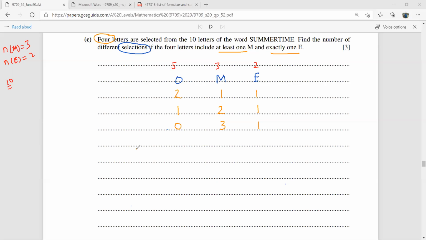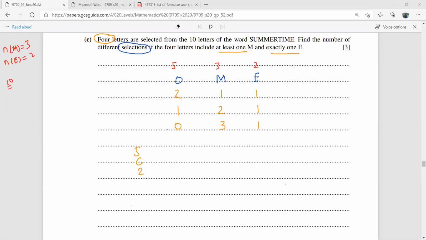So this is going to be 5C2. Should I write 3C1 into 2C1 into this 3C1 into this 2C1? Do we really have to choose, like, if there are three M's and we're choosing one M from them? No, we don't do that. So therefore, this will not be written here.